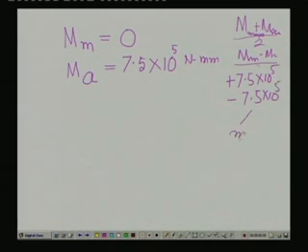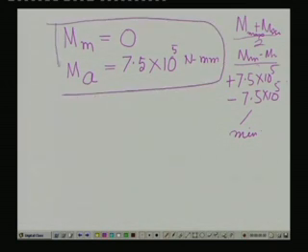So, obviously, we get a mean moment of 0 and a moment amplitude coming out to be 7.5 into 10 to the power 5 Newton millimeter. That means the mean bending stress is 0, and what will be the amplitude stress?